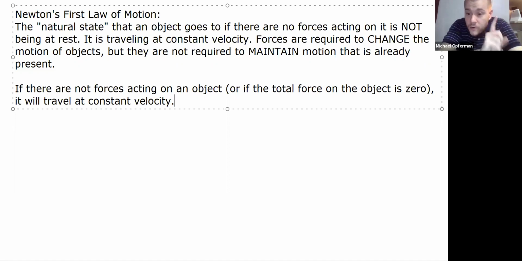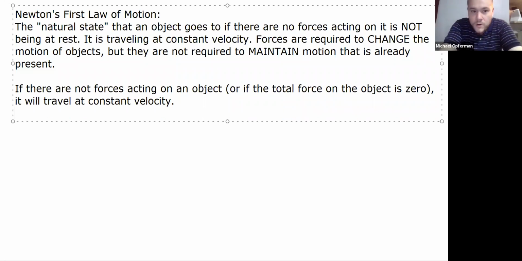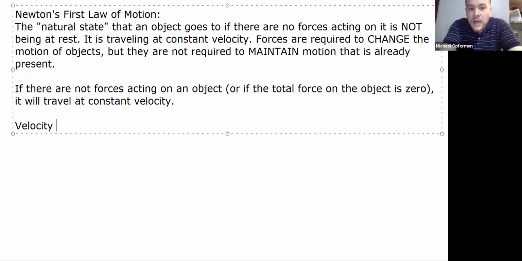And here's where the earlier sections of the course come into play. When I say velocity, I'm using that term very deliberately. I mean exactly velocity in the language of what we learned earlier in the course. So velocity here means velocity vector.